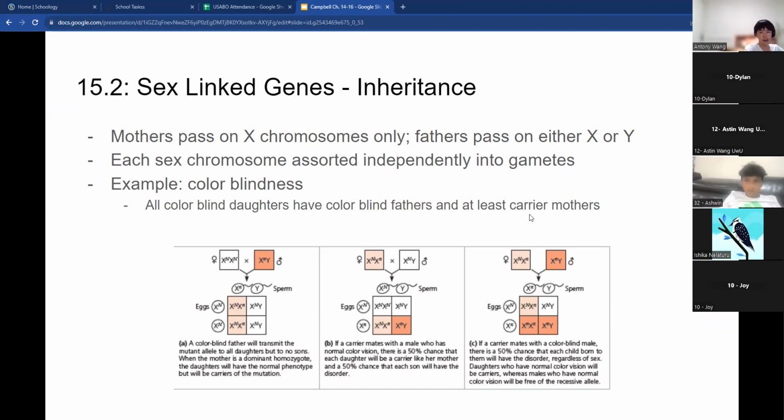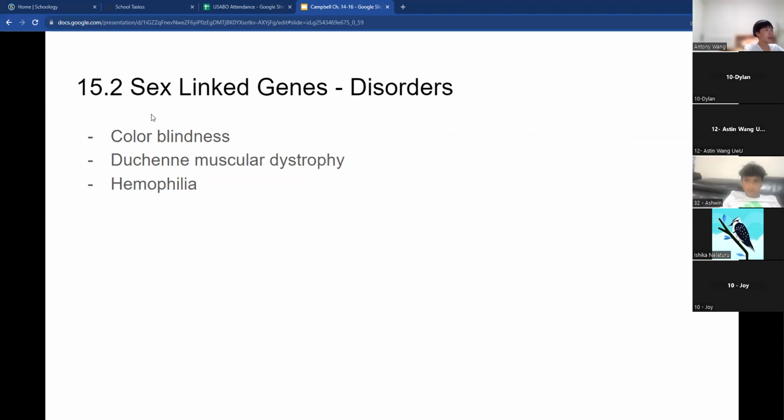The mother can either have normal vision, be a carrier, or also be affected, because she has an extra X chromosome that determines whether or not she actually is colorblind. Color blindness, Duchenne muscular dystrophy, and hemophilia are examples of X-linked recessive disorders.